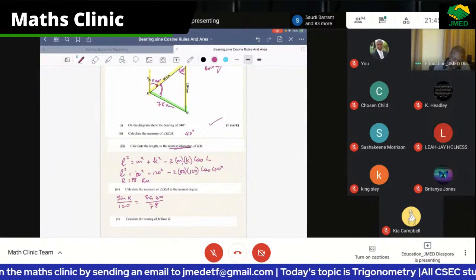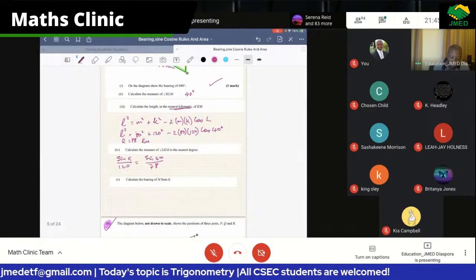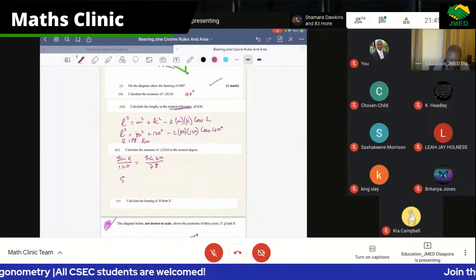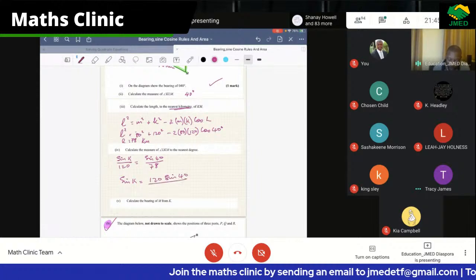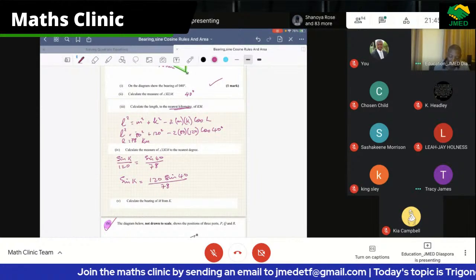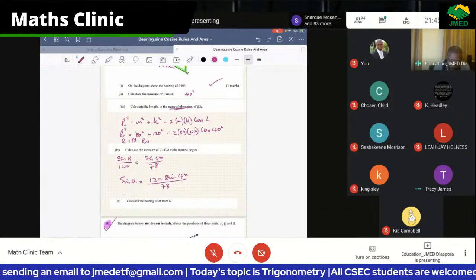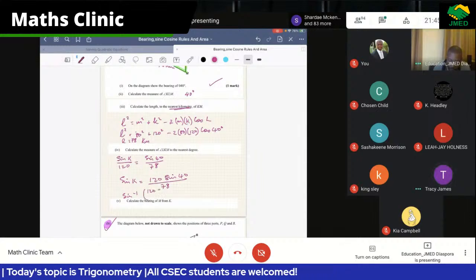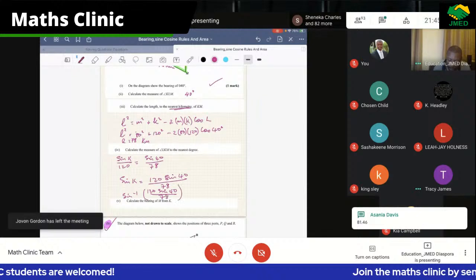And so I would then work this to give me sine K is equal to 120 sine 40 over 78. And you can put this in your calculator as a sine inverse of 120 sine 40 over 78. And what's your answer there?